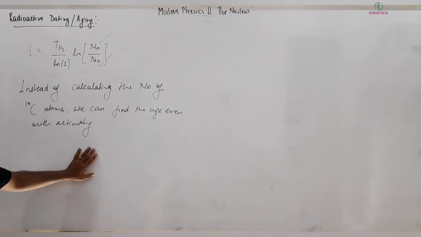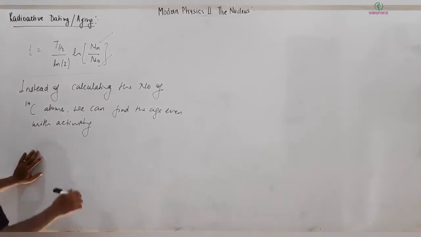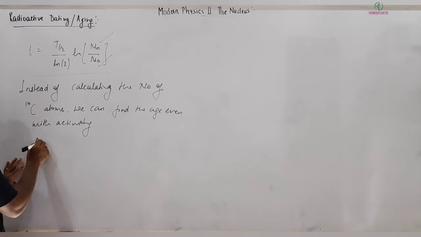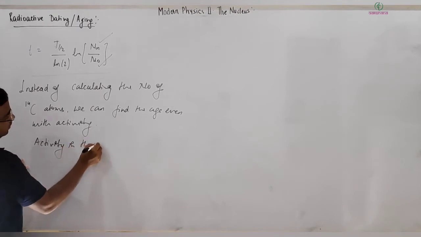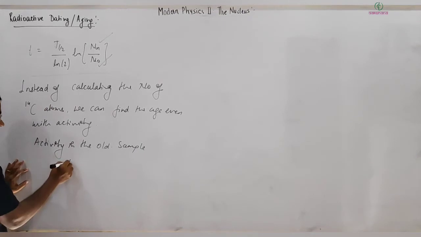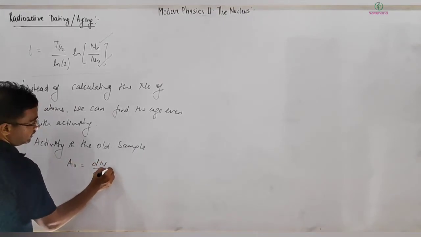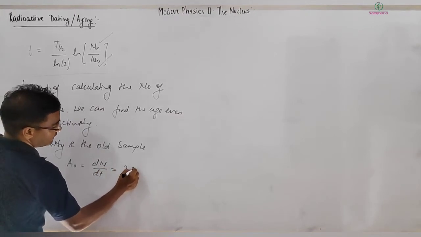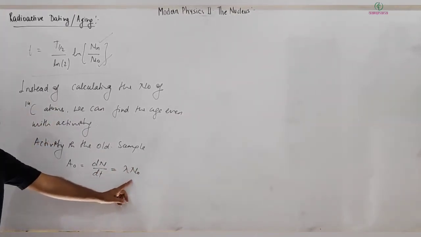So we can calculate activity in the old sample and activity in the new sample. Activity in the old sample: A old = dN/dt, and this is equal to lambda times N, the number of elements present in the old sample.